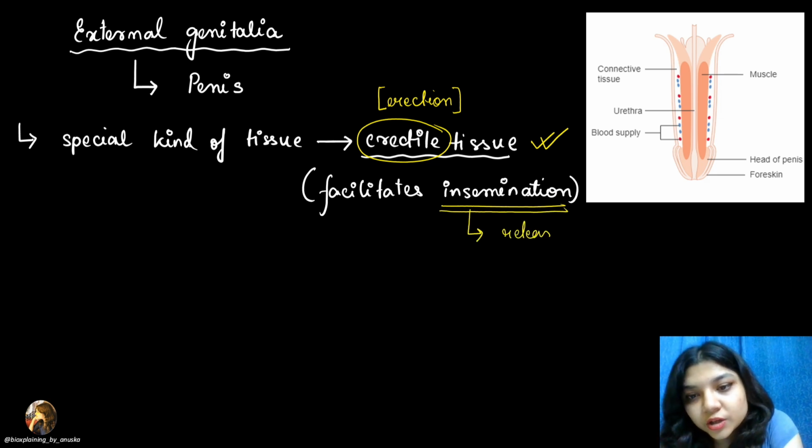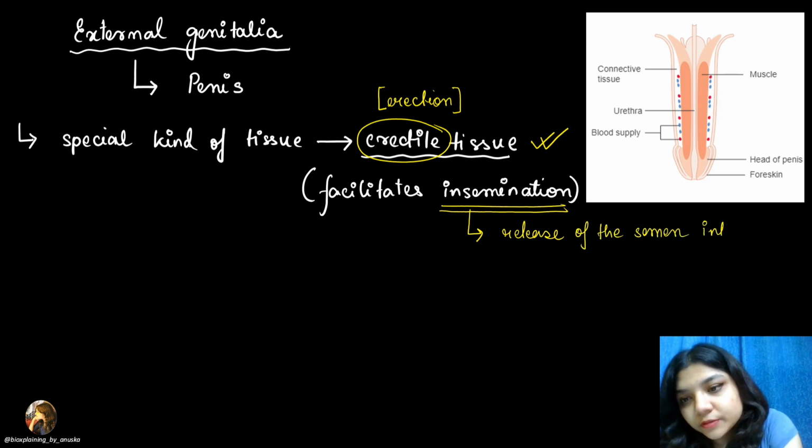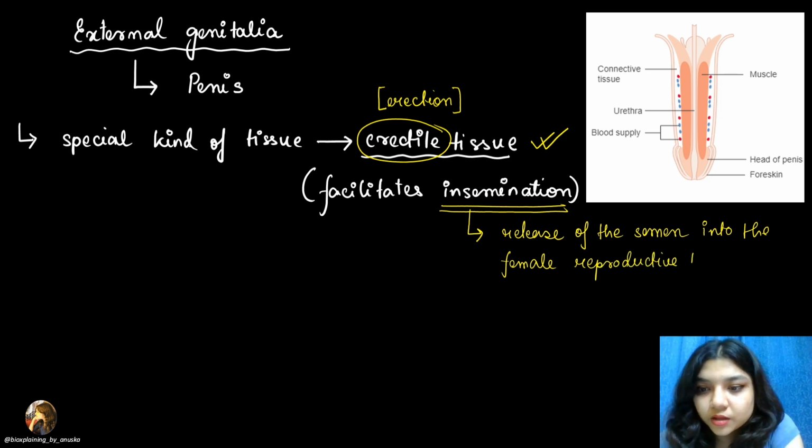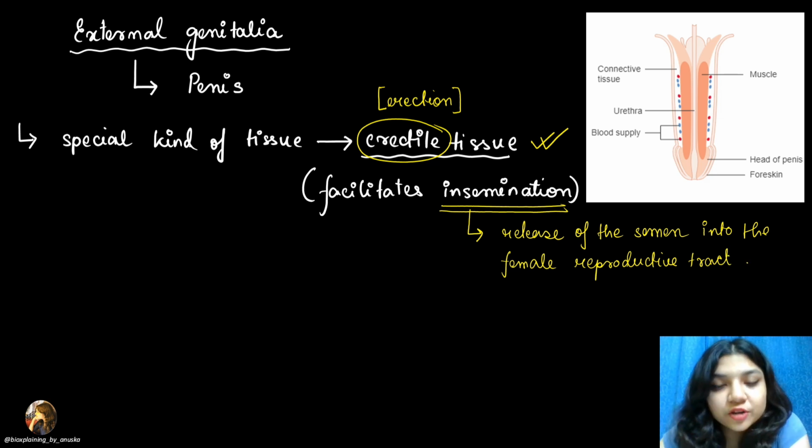Insemination refers to the release of the semen into the female reproductive tract. ठीक है? So this special kind of tissue, the erectile tissue, will facilitate insemination.